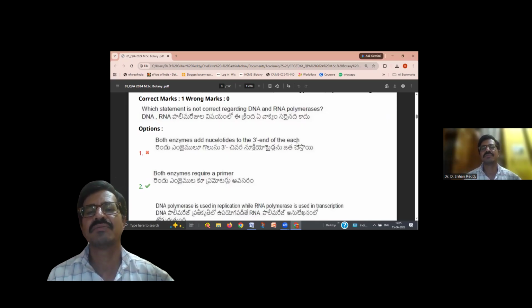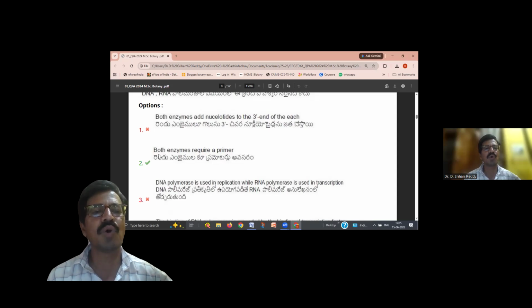Yes, that is the right statement. But here they are asking about the not correct option. So the first one is right. They add nucleotides at the 3' end, both of them.